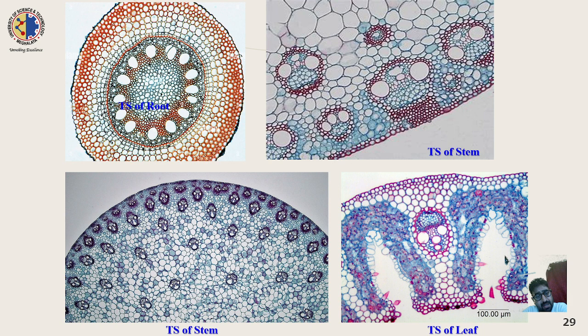If we compare it with dicots, dicots have fewer than 8 vascular bundles, but here you will find more than 8.